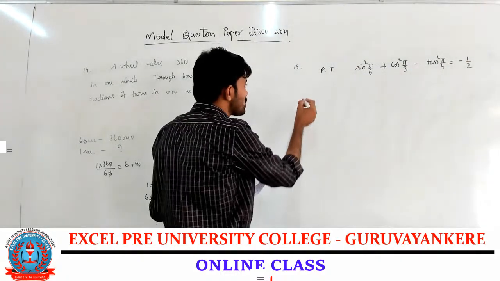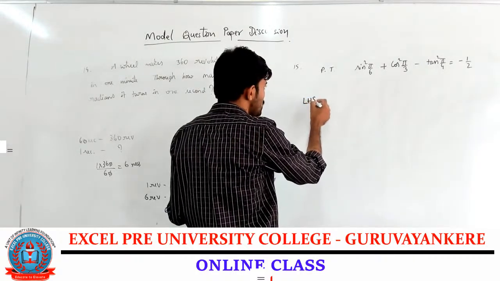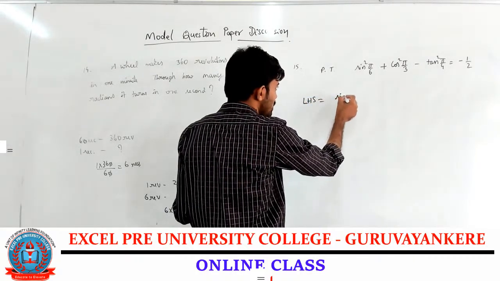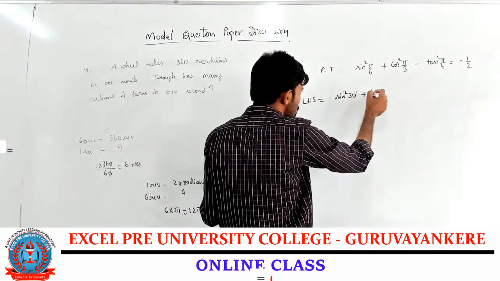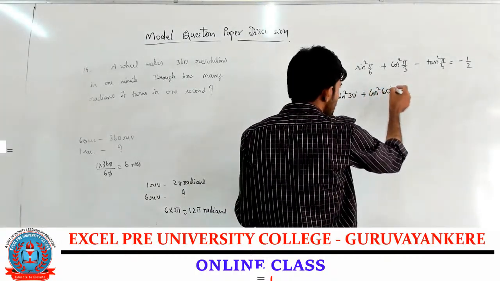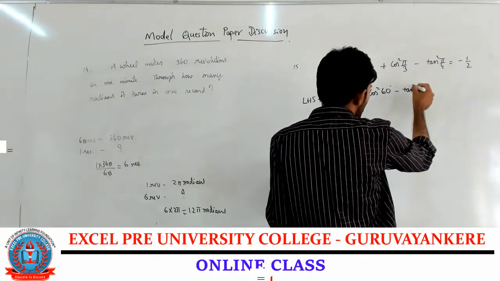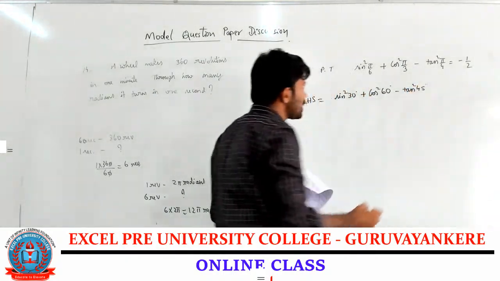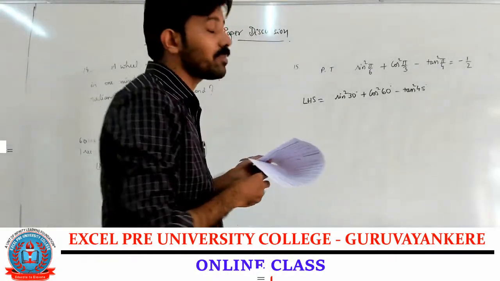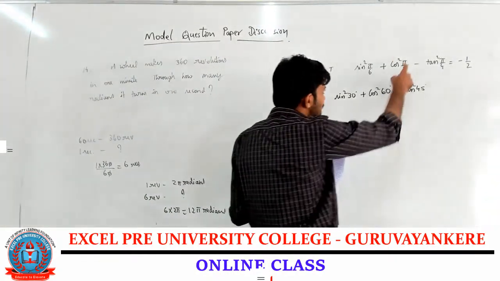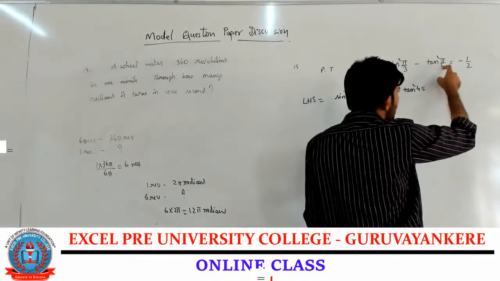Start from the LHS. Left hand side: sin²(pi/6) is 30 degrees, cos²(pi/3) is 60 degrees, tan²(pi/4) is 45 degrees. Pi/6 is 30 degrees, pi radians is 180, 180 by 6 is 30, 180 by 3 is 60, 180 by 4 is 45.